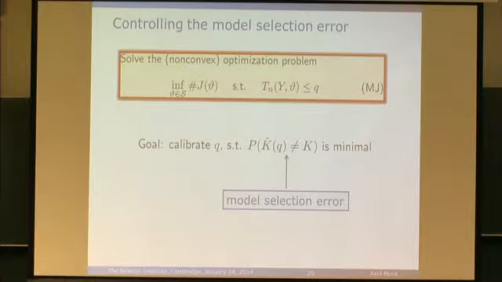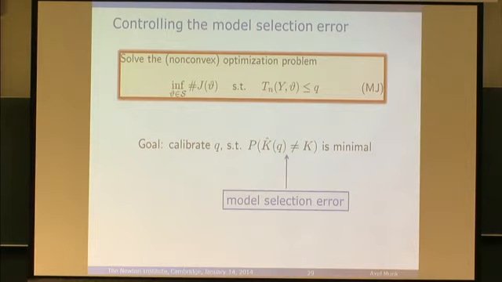Okay, so in order to calibrate that Q, or in order to select that Q, what we advocate, but there are other ways to do that, is, for example, and this really depends on the problem, think of that you would like to minimize the probability that you misspecify the true number of jumps.